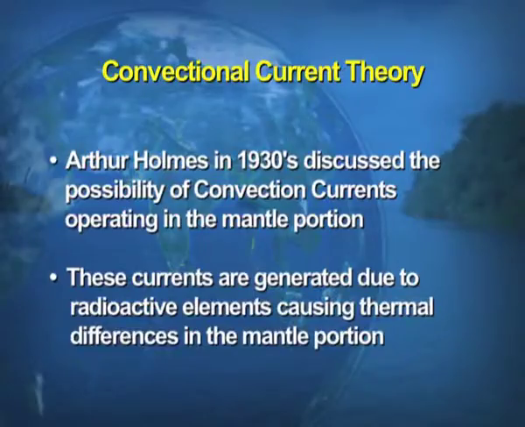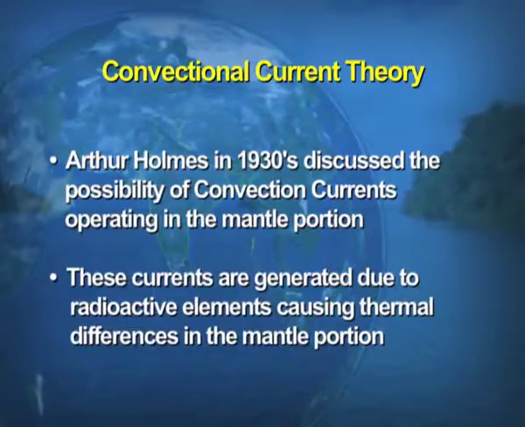And a number of new studies came after Wegener put forth his theory. One of the most convincing theories about this was the convectional current theory put forth by Arthur Holmes in 1930. It discussed the possibility of convection currents operating in the mantle portion of the earth as one of the forces responsible for drifting of the continents.